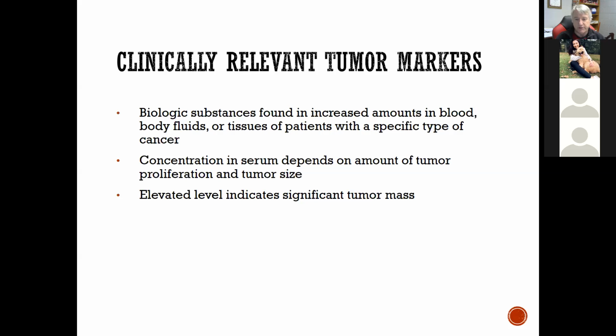The concentration in the serum depends on the amount of tumor proliferation and tumor size. So you can judge, if there's a lot of tumor there, one of these markers should be highly elevated. You can make a correlation between the amount of marker found and possibly the size of the tumor. Elevated levels indicate significant tumor mass.